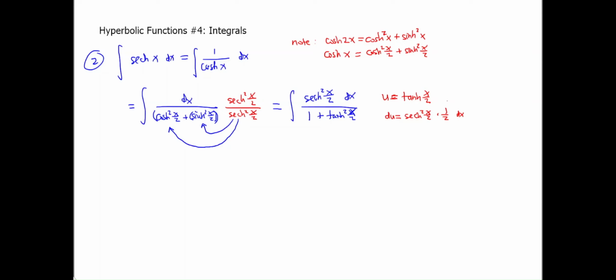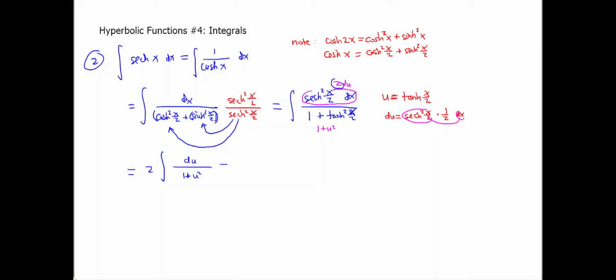All right. So what I've got here in the numerator is actually equal to 2 du, and the denominator is 1 plus u squared. So let me stop scribbling and actually write this down. This 2 I'm going to write out front of the integral, and then we have du over 1 plus u squared.